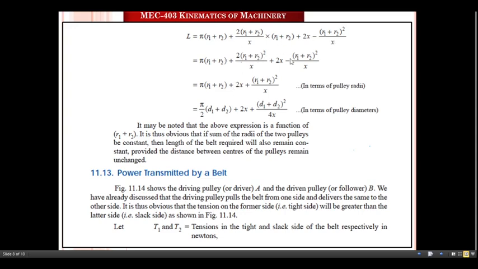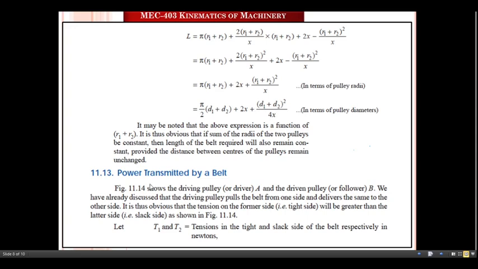In the next step, this minus this one gives (R1 plus R2) whole bracket square divided by X. In terms of the radius, this is the formula for the length of the cross belt drive, and in terms of the diameter we get pi by 2 into (d1 plus d2) plus 2x plus (d1 plus d2) bracket square divided by 4x.